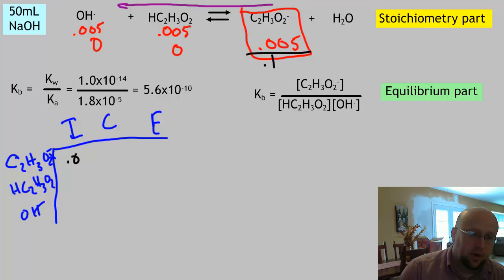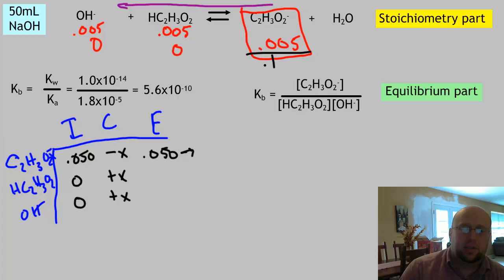So come over here to our ice table, and I've got 0.050. I don't have any of these, right? 0. And so naturally, when the ice table looks like that, it's easy to tell we're going to lose that and gain these two. So 0.050 minus x, and then we've got x and x.